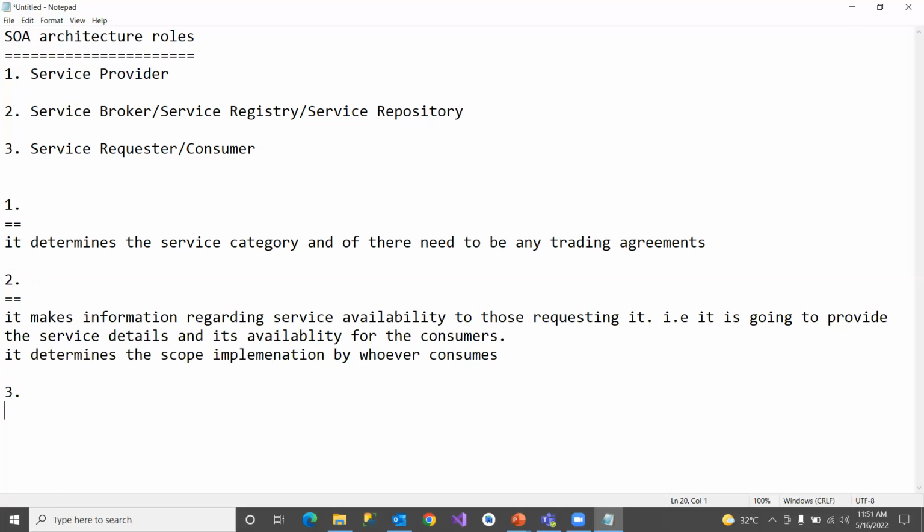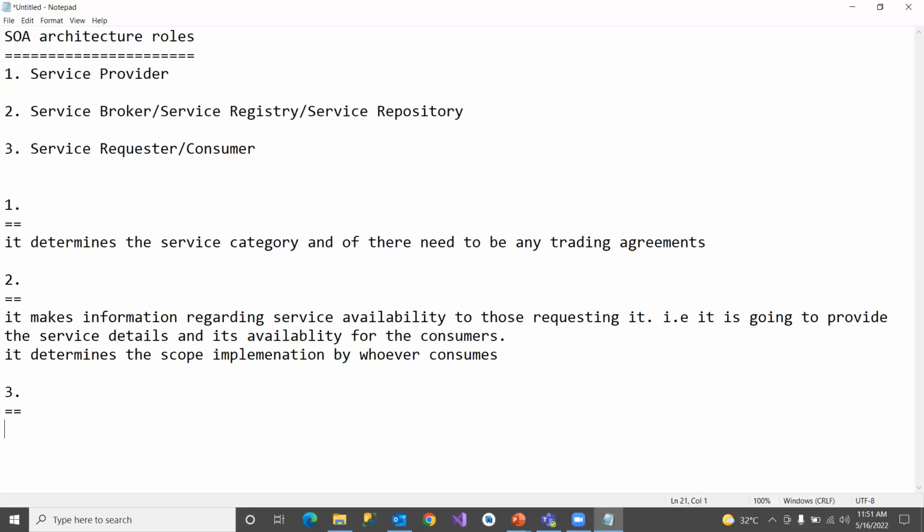Coming to the third role, the service requester. The service requester or consumer locates entries in the broker registry and then binds them to the service provider. So the service requester looks at the entries of services in the service registry, service broker or service repository, and then starts binding them to the service provider. They may or may not be able to access multiple services.